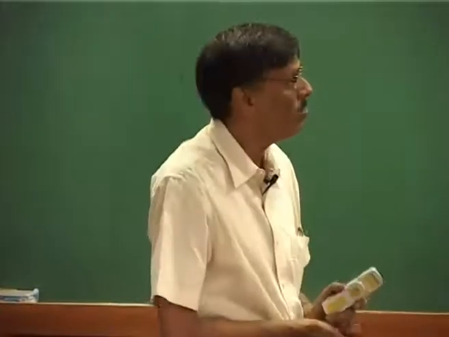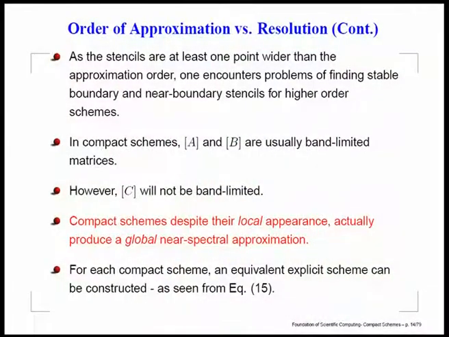One thing that we did talk about is this bandwidth, with which we are now familiar: C is not necessarily limited by the bandwidth of A and B. This is a major issue that I emphasize again, that a compact scheme appears local in nature, because if you are looking at the jth point on the left hand side, you have at the most j plus 1 and j minus 1.